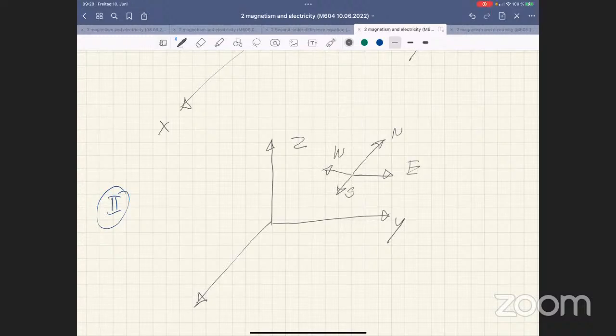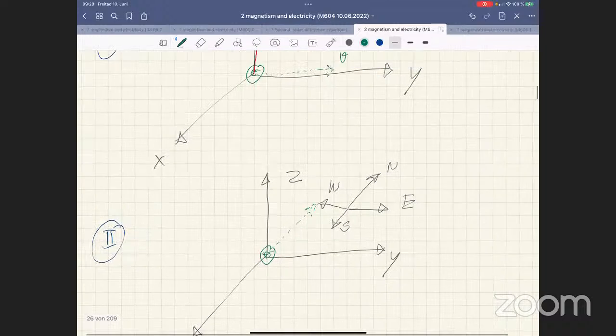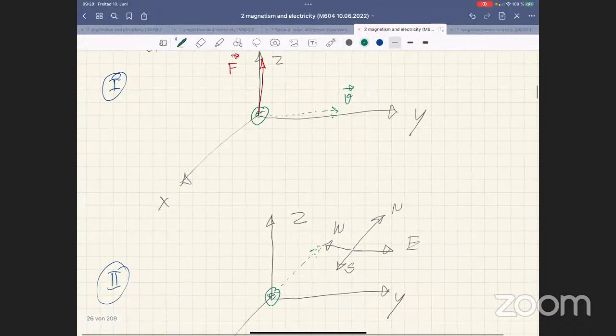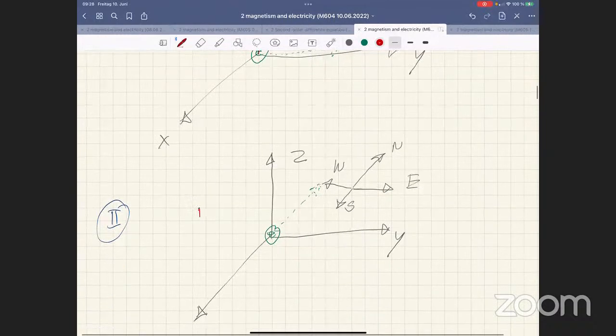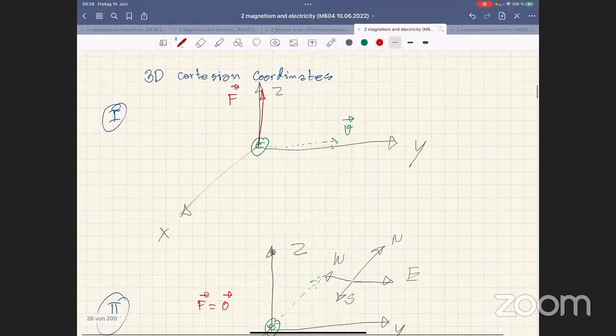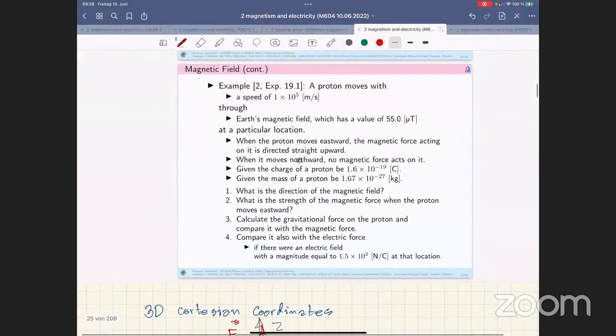So when the electron moves to the north like this, there is no F. F is 0. The F vector is 0. No magnetic force acts on it in the second scenario.